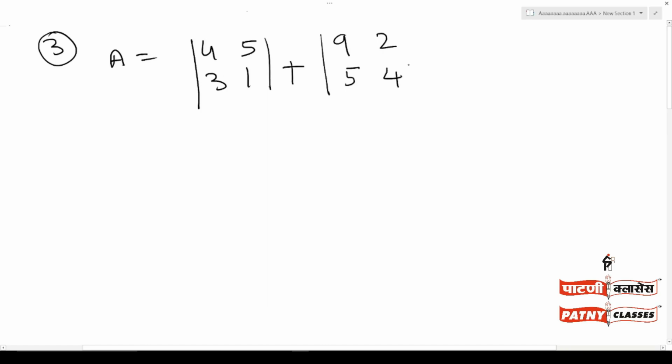Third example, A equals to determinant of 4, 5, 3, 1 plus determinant of 9, 2, 5, 4 equals to how much? Every time we compare each part with A, B, C, D. So A equals to 4, B equals to 5, C equals to 3 and D equals to 1.